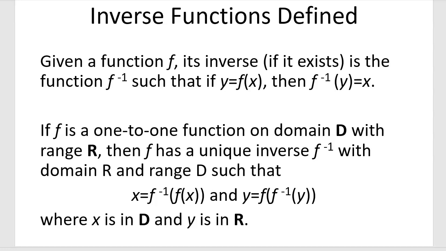So if you have a one-to-one function, then you can find this inverse, but it must be one-to-one before you can find an inverse. Once again, it's good to understand what it means to be one-to-one and have that background knowledge so that you can use it when you need it.